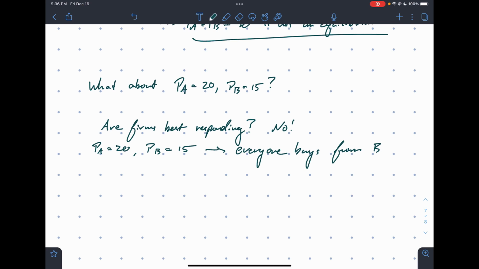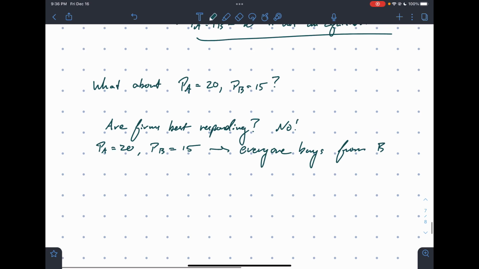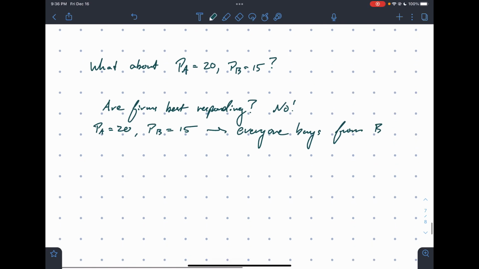Well, firm B could increase their price to 19.999. They would still get all of the market, but they'd be getting more revenue. Or another way that we could argue it is, since everyone's buying from B, A is currently getting 0 profits.